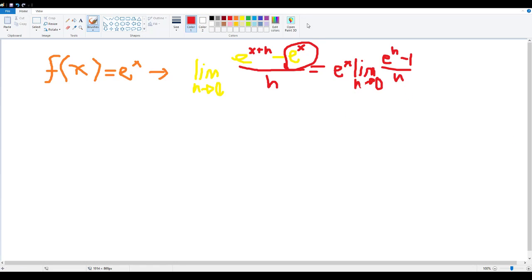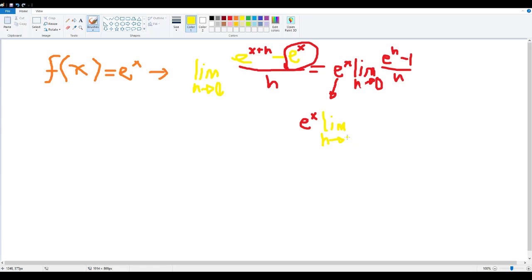Now that we have this, we need to go one step further, and we need to keep going. So, essentially, in order to prove this, we need to understand first. Let's just get down our e to the x times then the limit as h goes to 0.